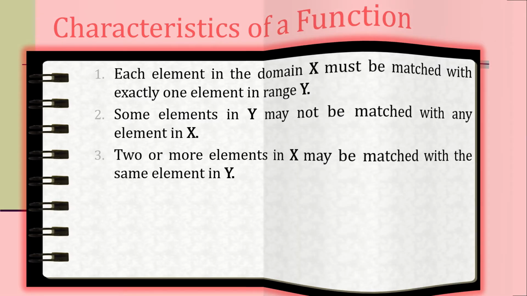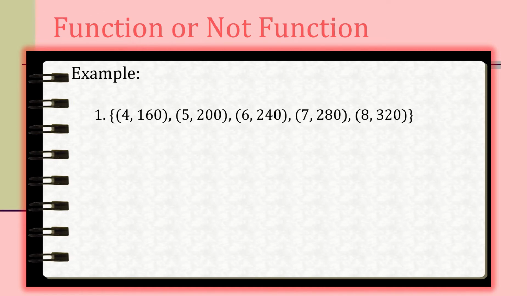So for example, let us determine if the given relation is a function or not a function. For example number 1, we have the set of ordered pairs (4, 160), (5, 200), (6, 240), (7, 280), and (8, 320). Let us look at each element in the domain and the range.